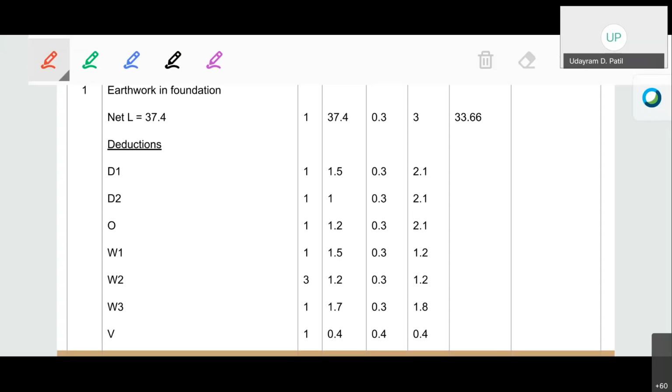Calculate the net quantity of the brickwork. Gross quantity is 33.6. From that we are going to deduct the openings.